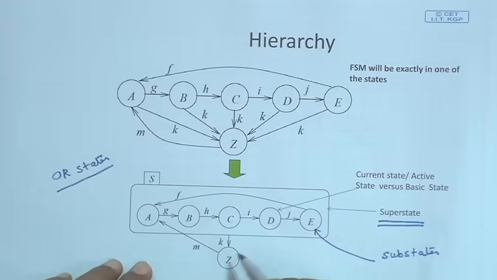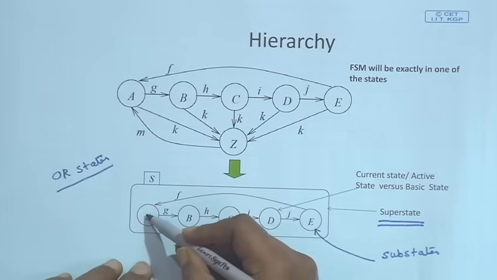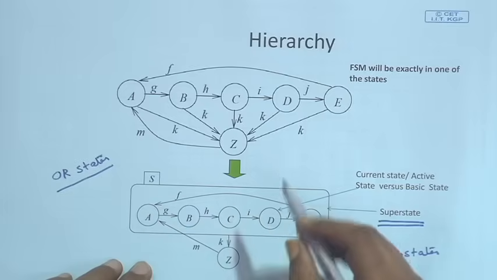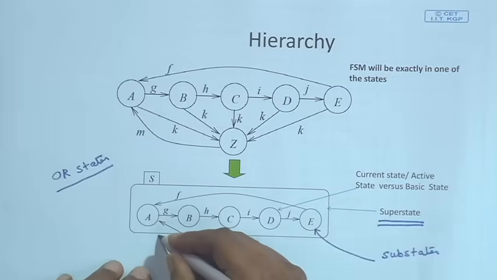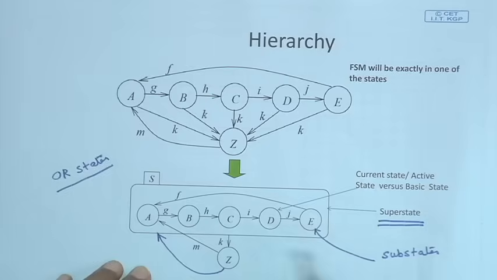Here I am showing explicitly that if event M occurs, it goes particularly to the state A. It is possible that on some other event, say L, it enters here, and I show it here.